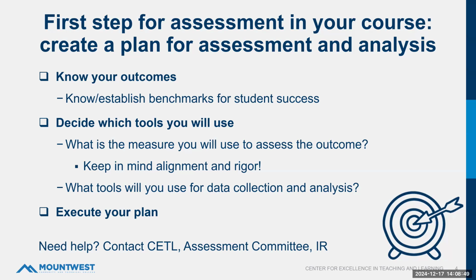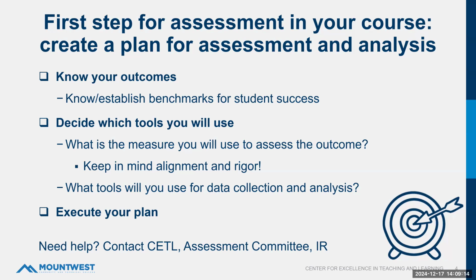Next, as you consider your outcomes, you'll have to decide what measures you're going to use. For your measures, I just wanted to remind you of alignment: make sure your measure aligns to your outcome, and rigor should align also to whatever verbs you're using in your outcomes. Those should align to your measure. As you're thinking about your measure, you can also think about how you're going to collect that data.